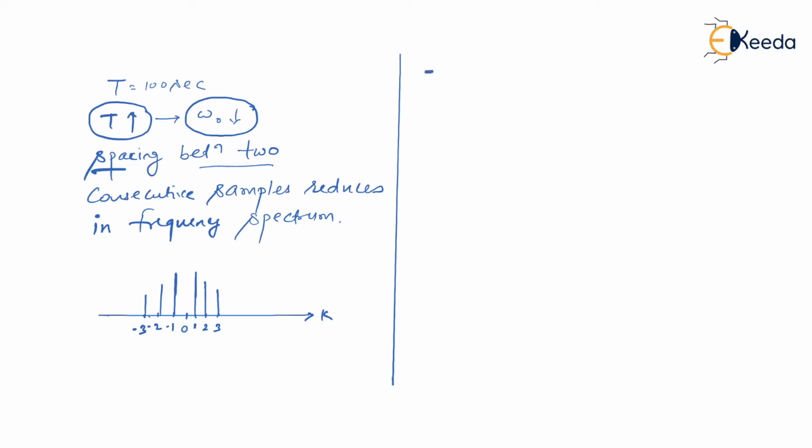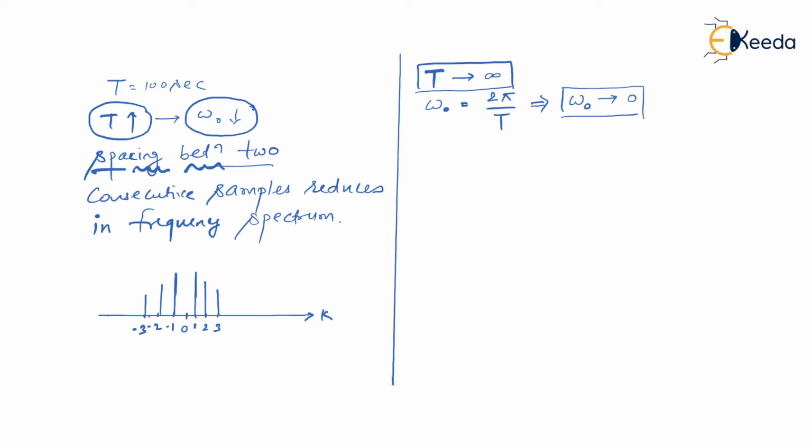So let us understand, if T, the time period, tends to infinity, then since omega naught is equal to 2 pi by T, because of this formula, I would say that omega naught tends to 0. If T tends to infinity and omega naught tends to 0, you can understand what is going to happen with the spacing between two consecutive samples.